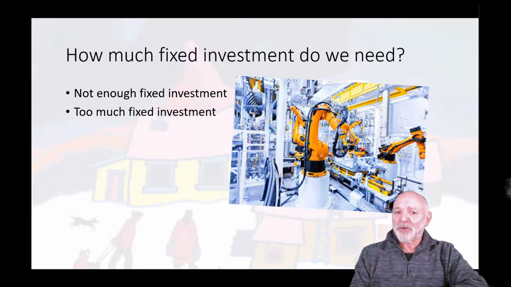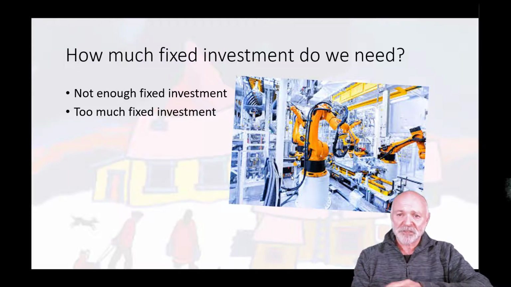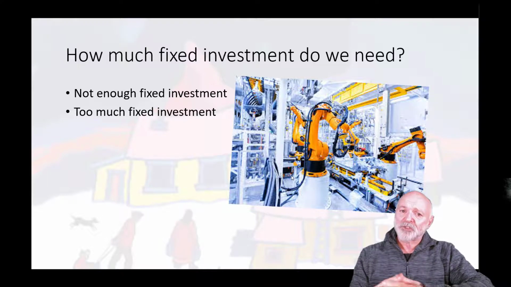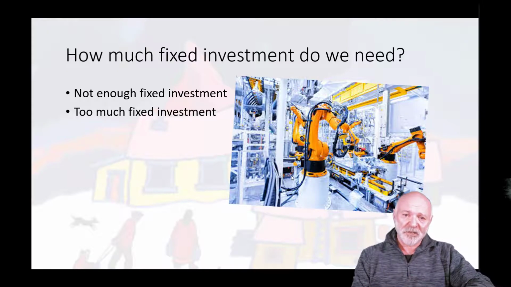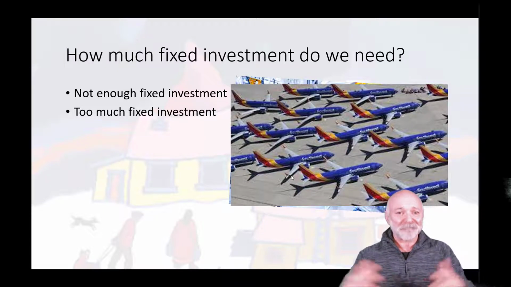We can also have too much fixed investment, because remember, we have to fund the fixed investment with our capital. Capital is expensive, and we want to make sure that the capital that is employed in the business is working hard for us all the time. And a great example of that overcapacity or overinvestment in fixed assets appears when we are at airports around the world now, and we see aircraft parked everywhere.